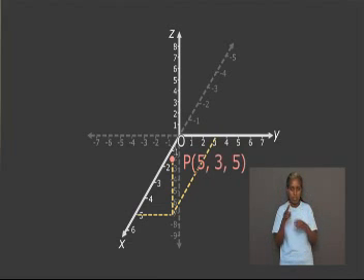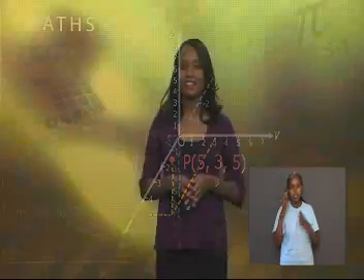Your graph probably looks like this. Well done. We have learned how to locate points whose coordinates are positive whole numbers. But we have not practiced fractions or negative numbers yet.